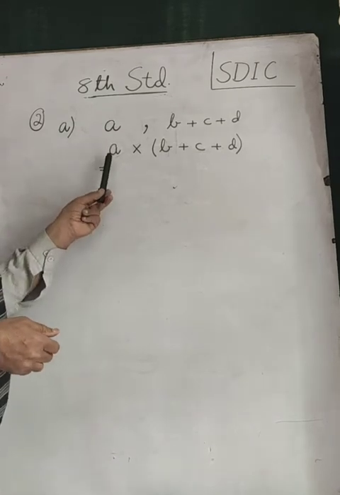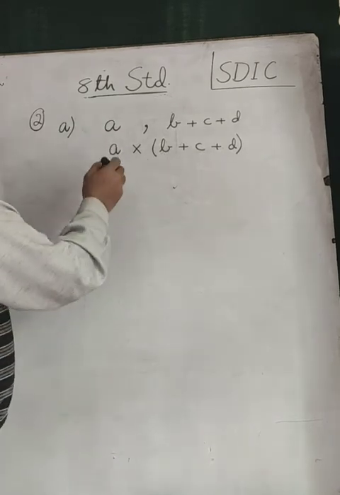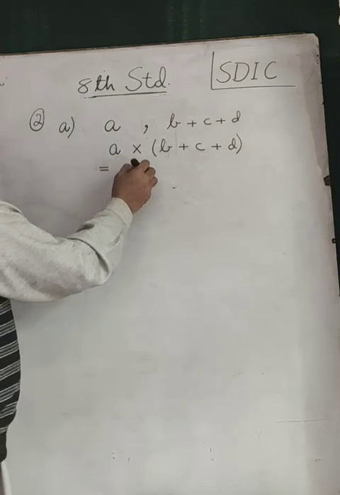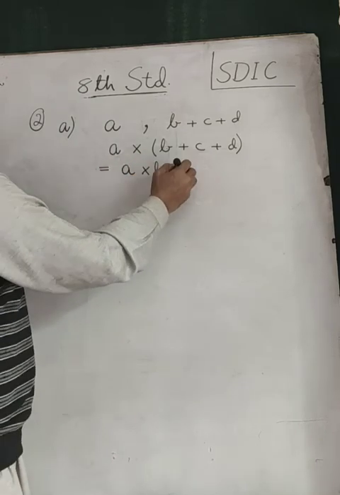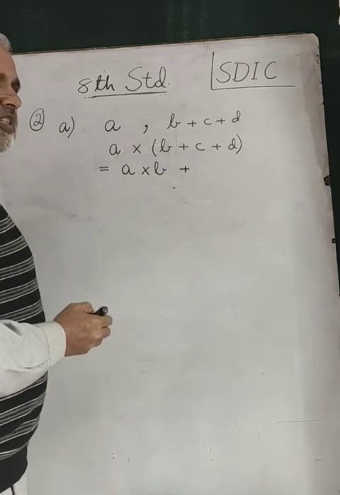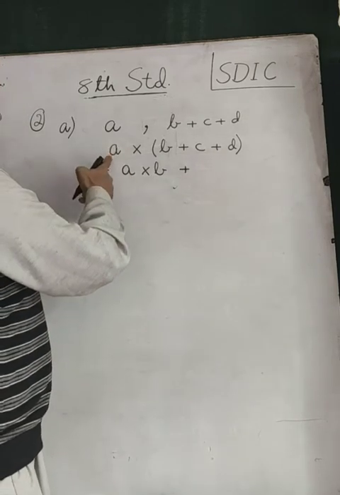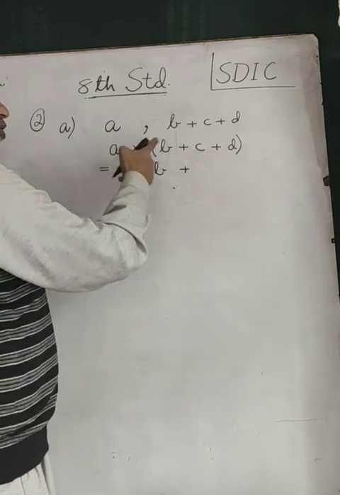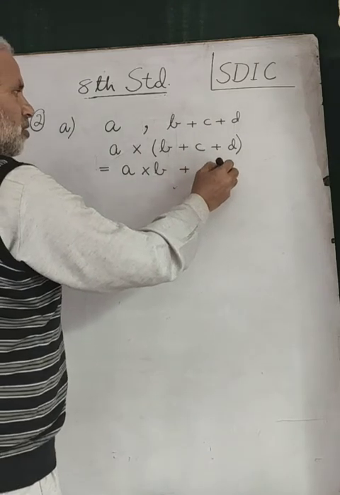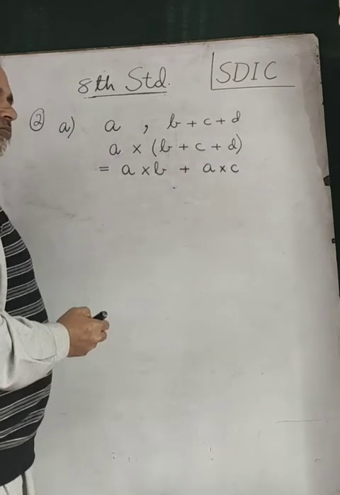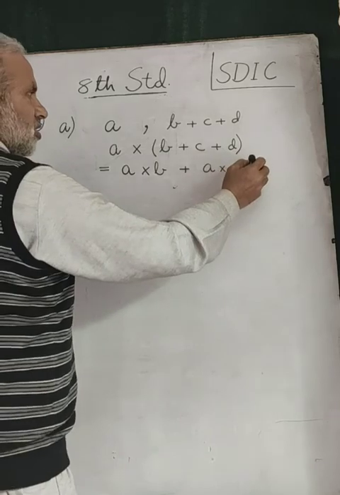Now what will happen? This A will multiply first B, so it will be A multiplied by B, followed by plus sign in the bracket. We have plus sign after that. Then by the same A, monomial outside the bracket, you will multiply second term C, A multiplied by C. Then again there is plus sign.